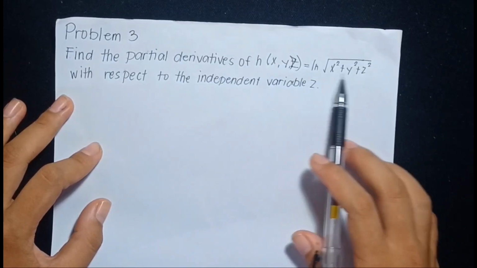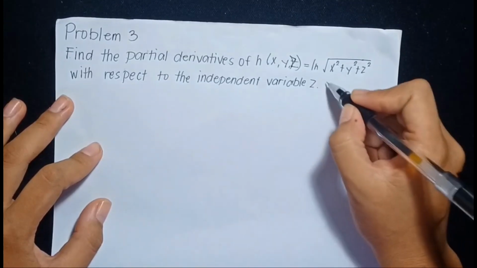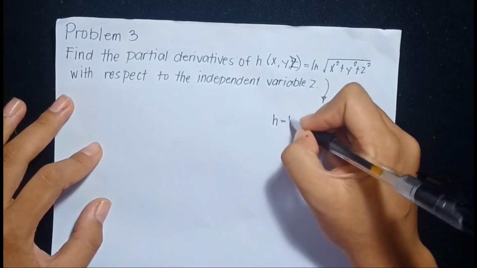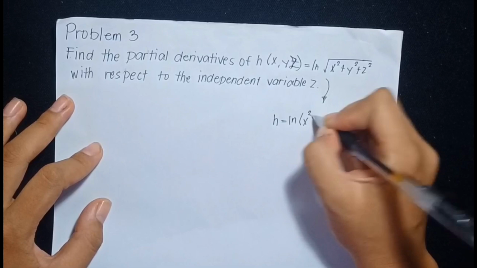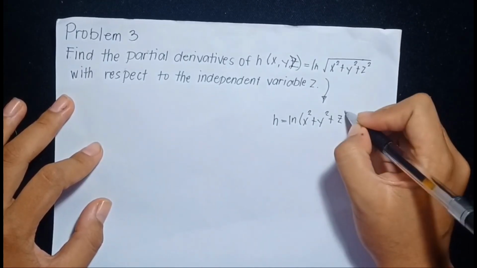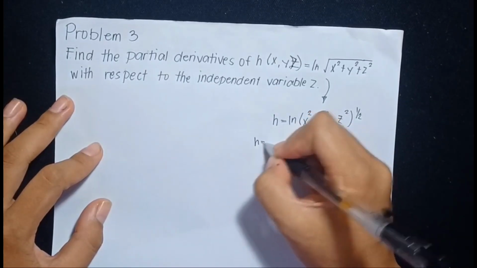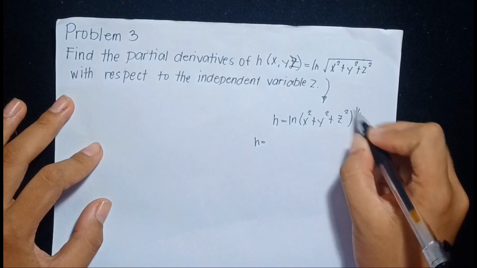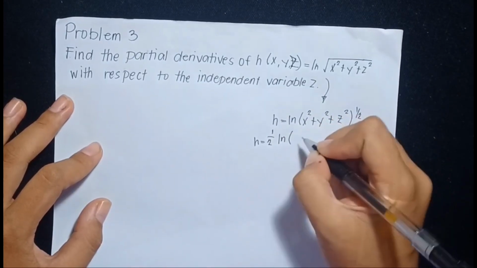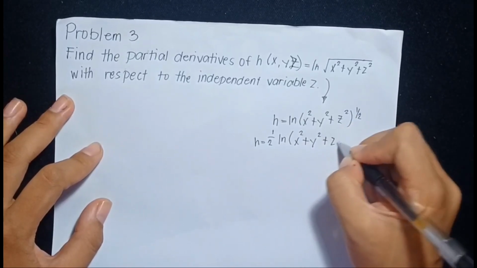First, we will rewrite the ln square root of x squared plus y squared plus z squared. h is equal to ln of x squared plus y squared plus z squared to the power 1/2. We can transfer this to the front, so h equals 1 over 2 times ln of x squared plus y squared plus z squared.